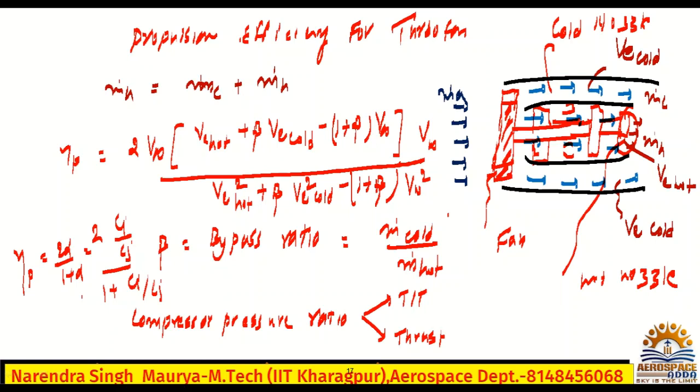Once the exit velocity is increasing in the hot nozzle, the propulsion efficiency will start increasing. Yes or no? So what will be the correct answer? Once you start increasing the compressor pressure ratio, first the propulsion efficiency will be decreasing, then it will start increasing. That's the answer. You can relate this to the velocity, so you may get the idea. Okay, so what is the option?